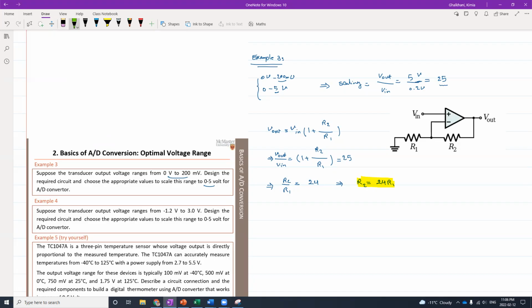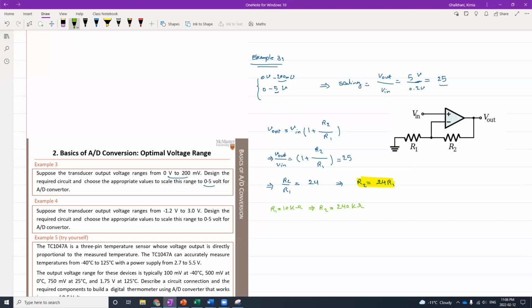For example, I can use R1 as 10 kilo. If R1 is 10 kilo, then how much is R2? R2 is 240 kilo. This is just an example. This is how you can find which resistors to use to create your closed loop op-amp.